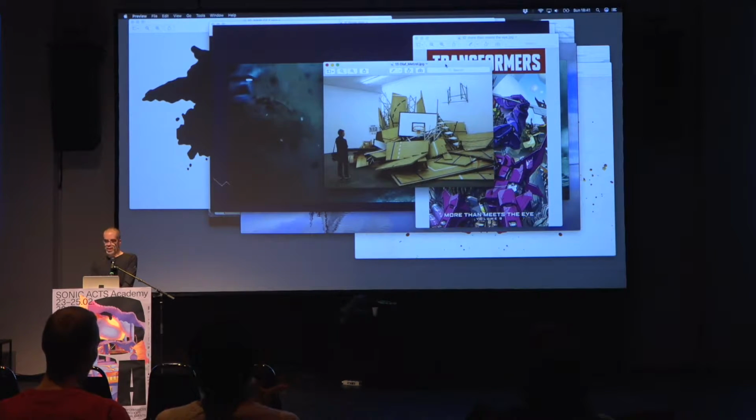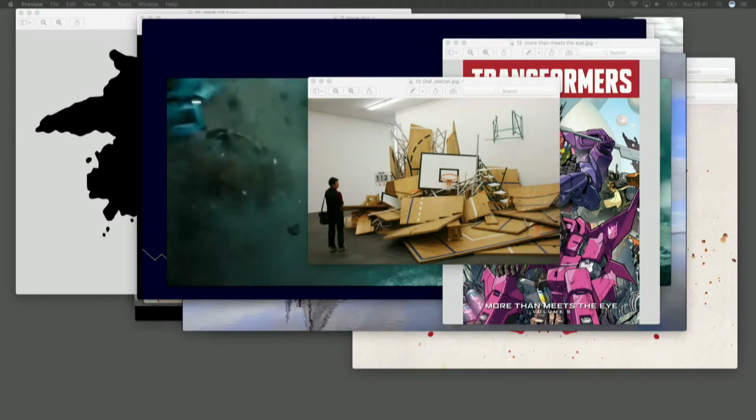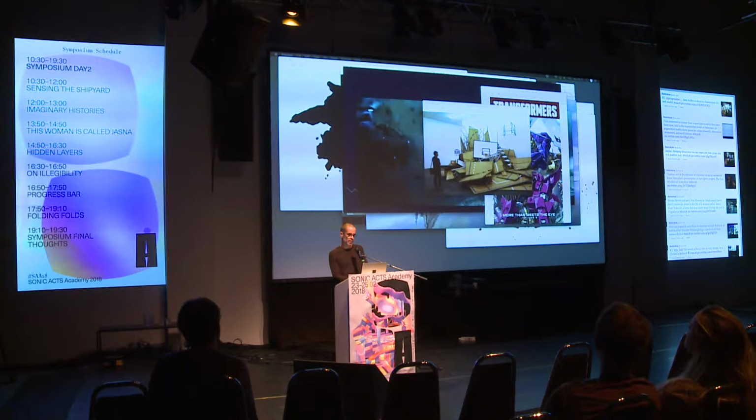Which sort of reminds me of this piece by Olaf Metzel. He has a strange title, it doesn't matter, it's from '91. And since I discovered it, it kind of reminds me of Michael Bay's Transformers. Metzel dismantles this basketball court and lays out its parts as if they were folded into each other in really strange ways.